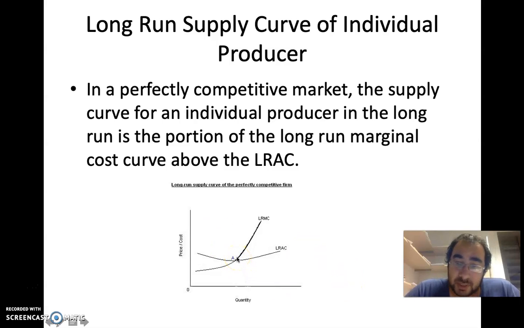In the long run, the company needs to make profit to stay in the business. As long as the price is above the minimum long run average cost, the long run marginal cost curve represents the supply curve of a single company. Okay, for the same reasons we have discussed.